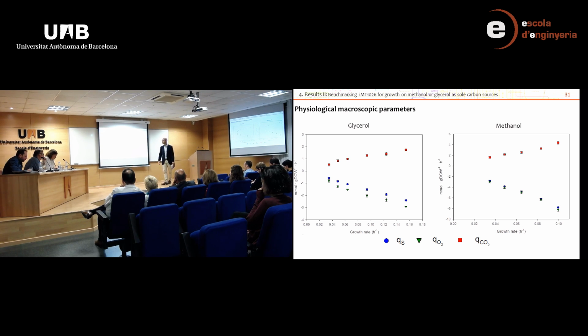And in the case of glycerol, we tested more dilution rates, up to 0.32, more or less. But we didn't include it here because it required additional oxygen supply, and we just wanted to work with common air.